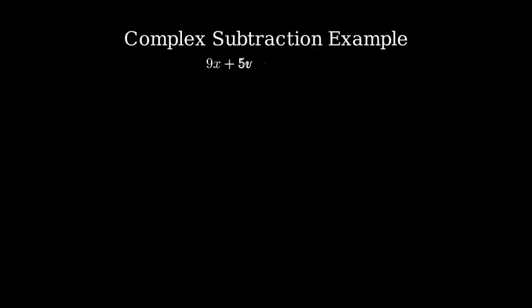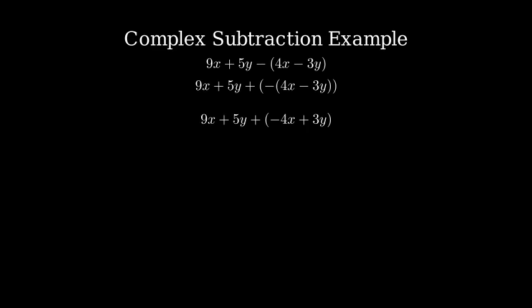Let's tackle a more complex subtraction problem. We want to simplify the expression, 9x plus 5y minus (4x plus 3y). First, we need to apply the distributive property to the expression inside the parentheses. When we distribute the negative sign, each term inside the parentheses changes sign. So minus (4x plus 3y) becomes minus 4x minus 3y.